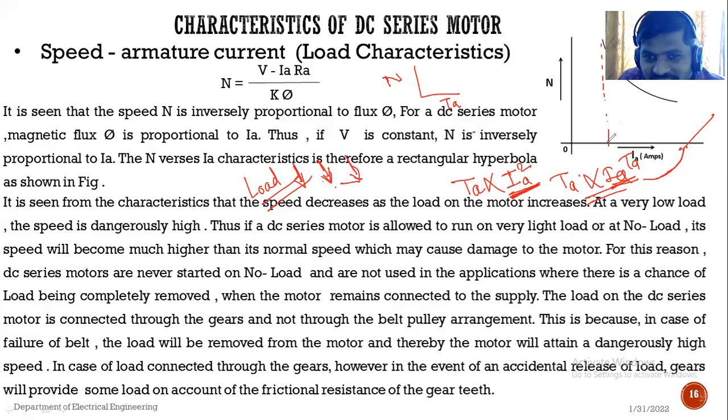So see here, suppose I consider armature current is minimum. If we draw a scale here 1, 2, 3, 4, suppose armature current is 1.